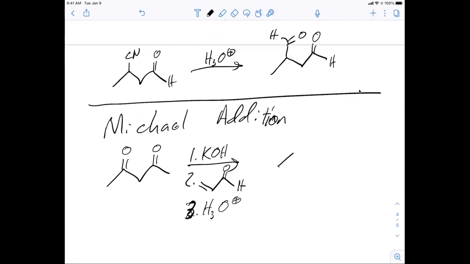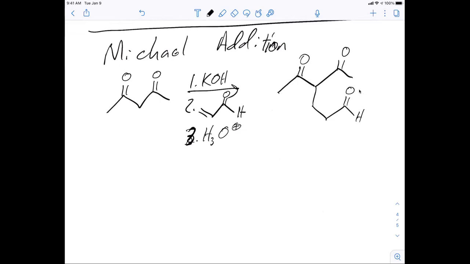So what this is going to do is add, and I did not count my carbons. So let's look at this. So the first thing we're going to do with the base is form the enolate. So again, that's one of the mantras you should be telling yourself in this chapter: how did I make the enol?